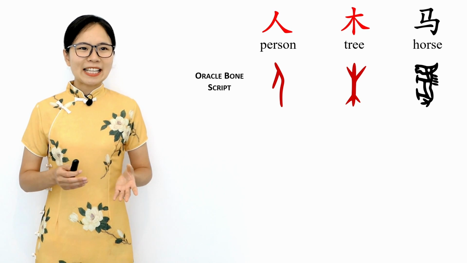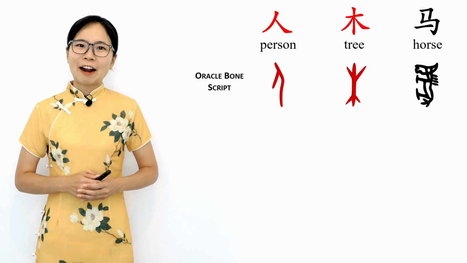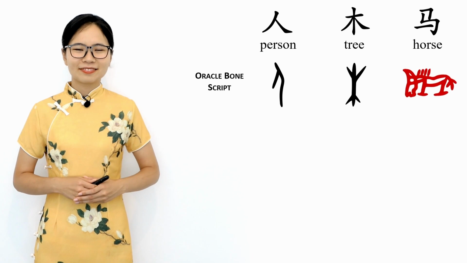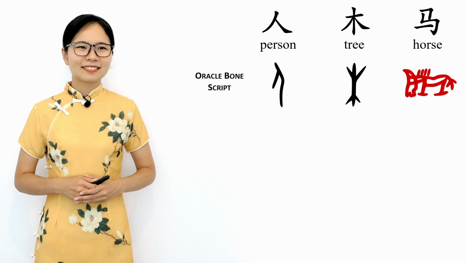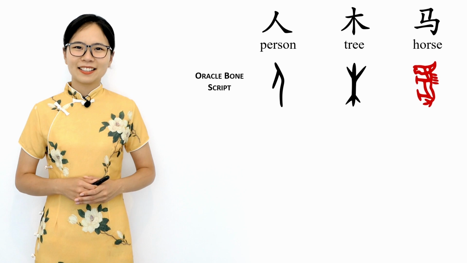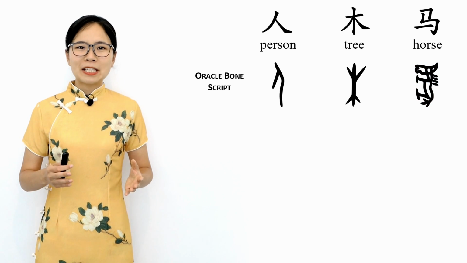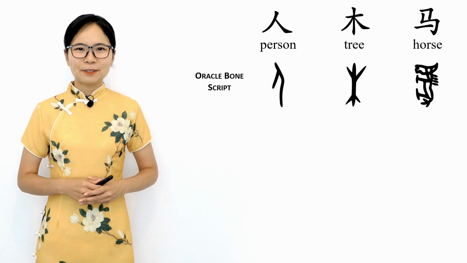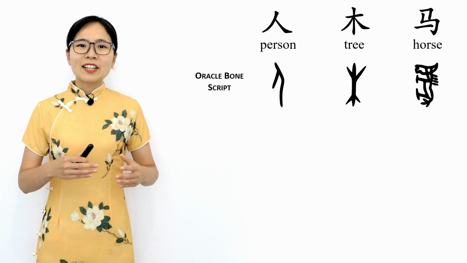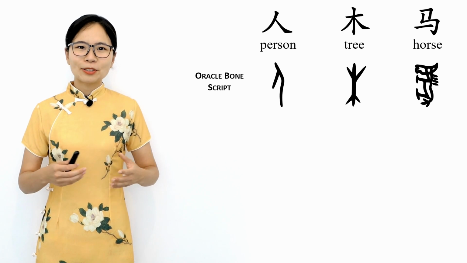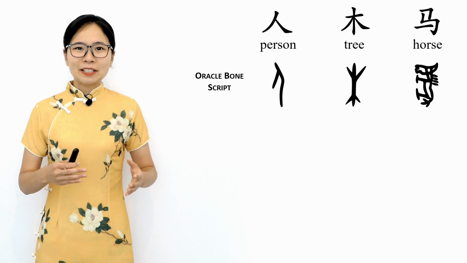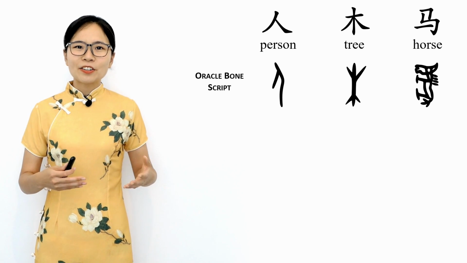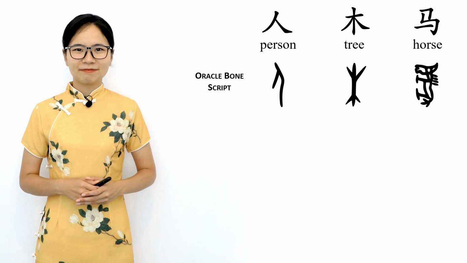We can also see that the ancient form of the character for horse is a drawing of a horse. Oracle bone script was written by carving or scratching the characters into bones and turtle shells. Because of this, the lines tend to be thin and angular. Also, the pictographs are simplified as much as possible to make them easier to carve onto a hard surface.